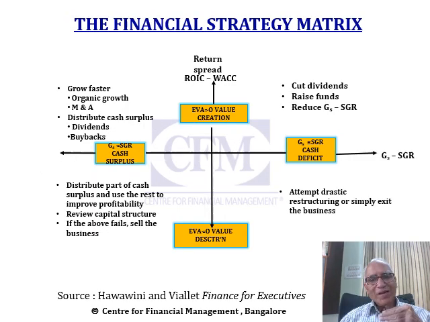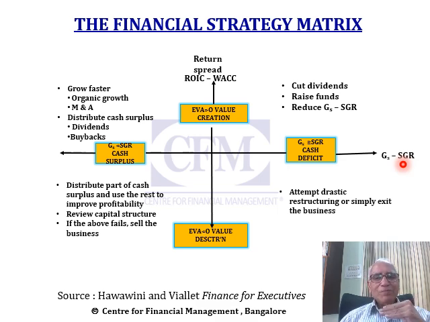Here is a useful matrix to guide senior managers and corporate directors in resource allocation strategy. In this matrix, there are two dimensions: return spread, which is defined as the difference between return on invested capital and weighted average cost of capital; growth spread, which is defined as the difference between growth rate in sales and sustainable growth rate. Remember, sustainable growth rate is a concept that we learned earlier.